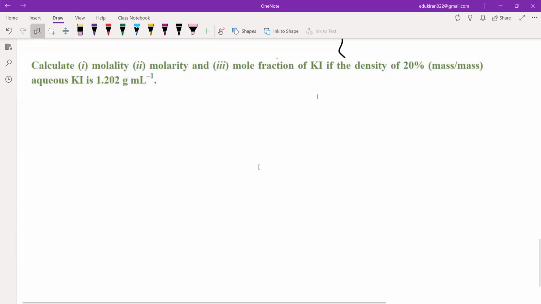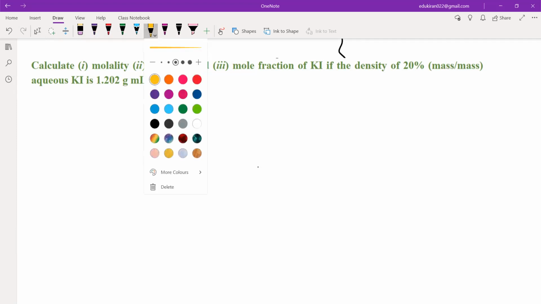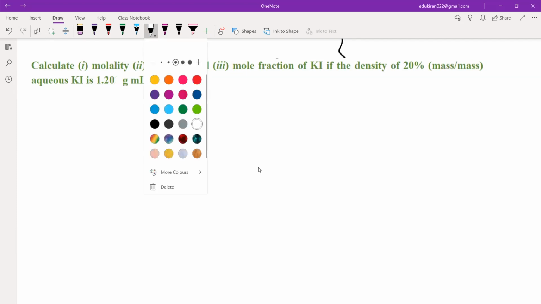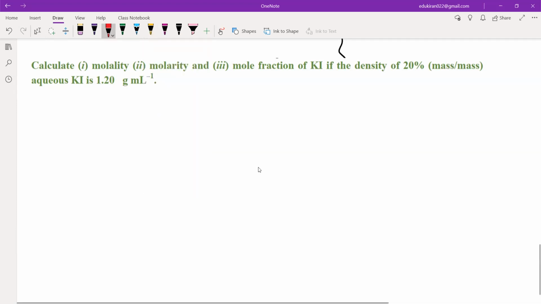Calculate the molality, mole fraction of KI if the density of 20% mass by mass aqueous KI is 1.20. Now, what I will suggest is that you rather write this as 1.20 grams per mole. ठीक है, ये 202 को मत लिखिए, अपना आंसर में कोई फर्क नहीं पड़ने वाला है. चलो, write this question.